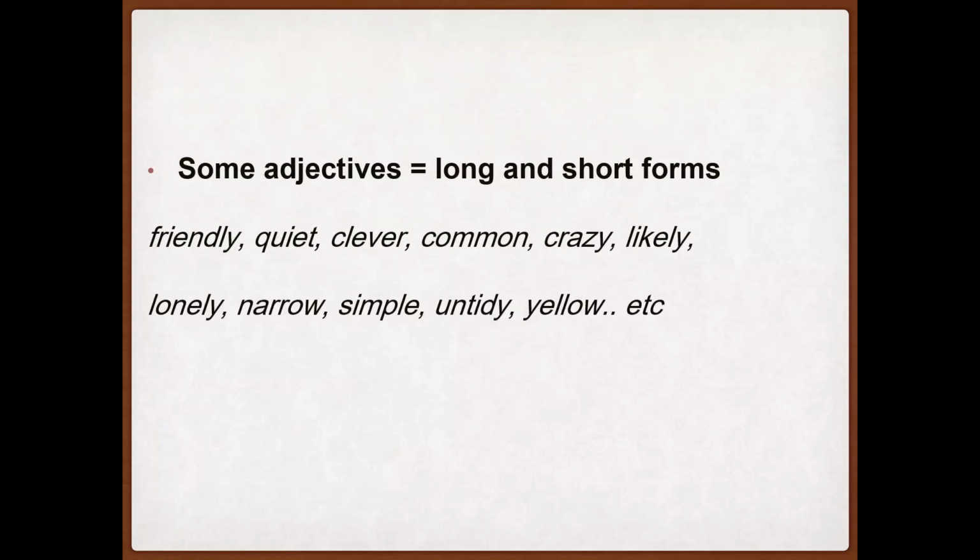There are some adjectives that can be treated as both long and short forms, such as friendly, quiet, clever, common, crazy, likely, lonely, narrow, simple, untidy, yellow, and more.